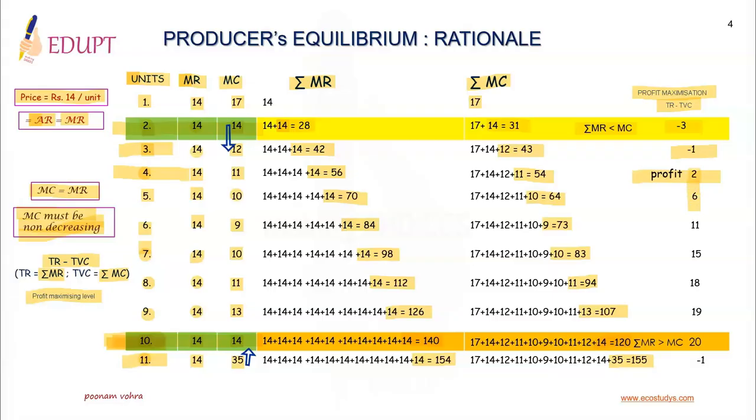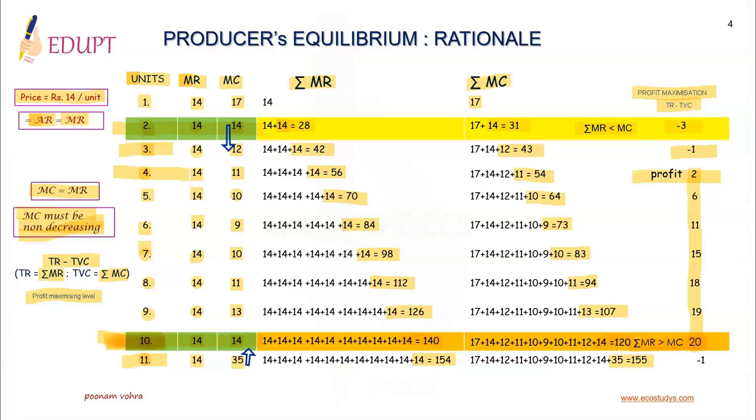Thereafter, profit keeps increasing, and one finds that maximum profit is earned when 10 units are produced and sold in the market, because at this level the summation of marginal revenue is more than the summation of marginal cost and the value one gets is the highest.